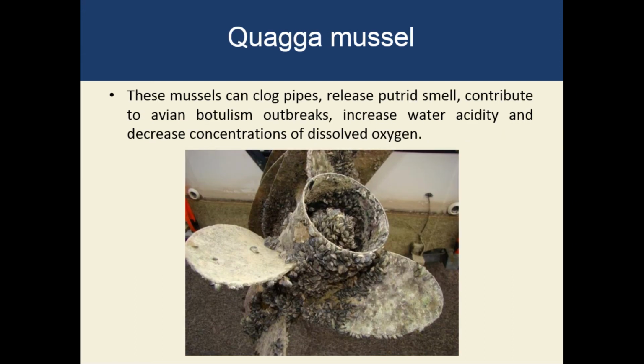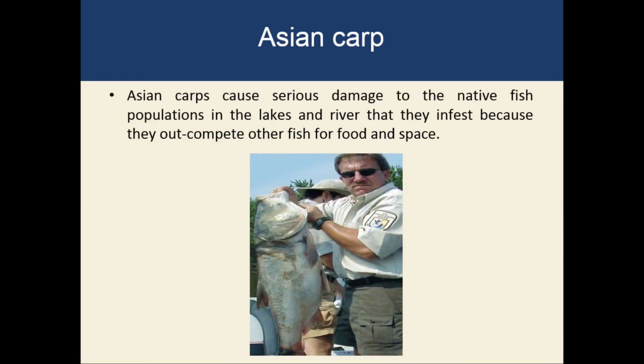Quagga mussels can clog pipes, release putrid smells, contribute to avian botulism outbreaks, increase water acidity, and decrease concentrations of dissolved oxygen. Asian carps cause serious damage to native fish populations in the lakes and rivers that they infest because they outcompete other fish for food and space.